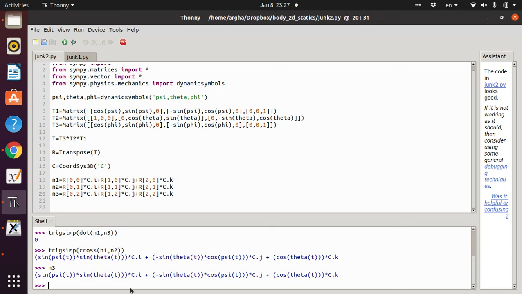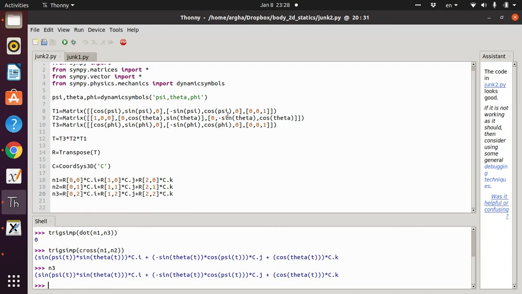So this rotation matrix is a general rotation matrix formed from 3 consecutive rotations, and the rotations are the Euler angles. So in this general rotation matrix, you can show that n1 cross n2 equal to n3, n2 cross n3 equal to n1, and n3 cross n1 equal to n2 in cyclic order, and you can verify it using this symbolic computation code segment.